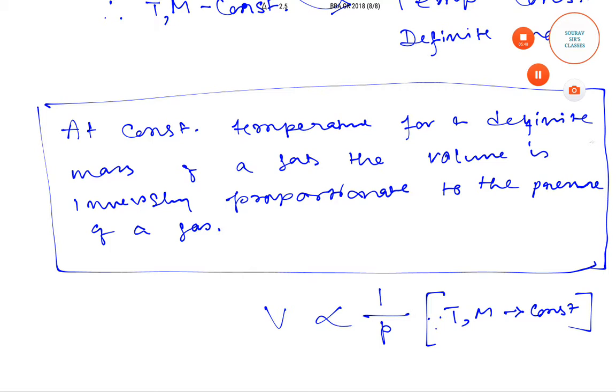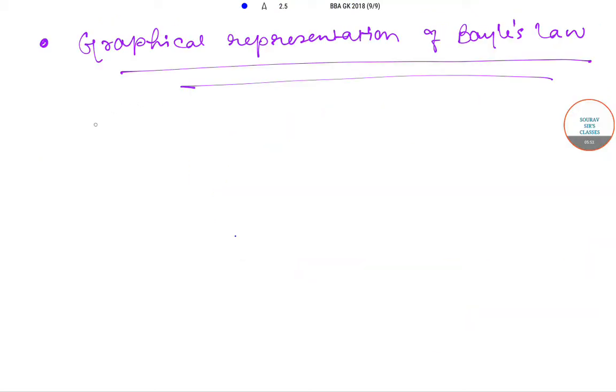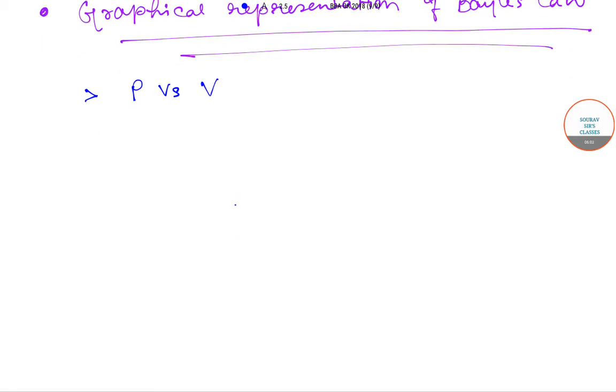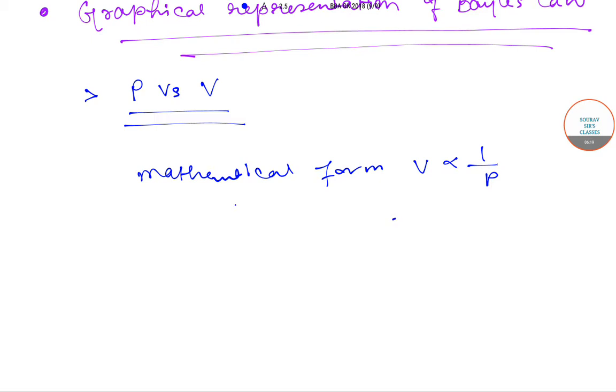For P versus V, meaning pressure versus volume, the mathematical form of Boyle's law will be V varies as 1 by P, or V equals K by P, where K is the constant.